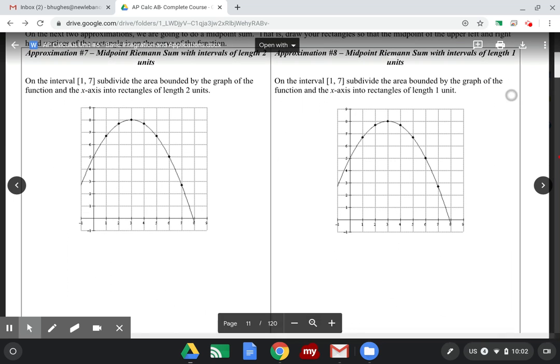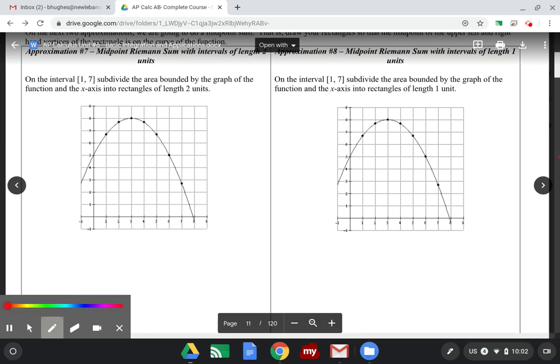So we'll do this length of 1. We'll do this one, and I'll probably skip the other two, just to save time and make the notes a little bit shorter. So now I'm just doing the same thing, but the middle of our rectangles from 1 to 7 need to be on the curve. In between 1 and 2, right there is the middle of our rectangle.